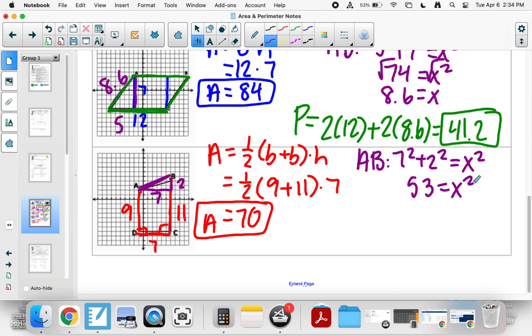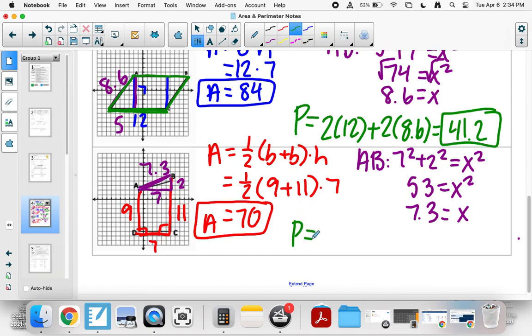If we round 7.3, how many sides do I have that are 7.3? Just 1.